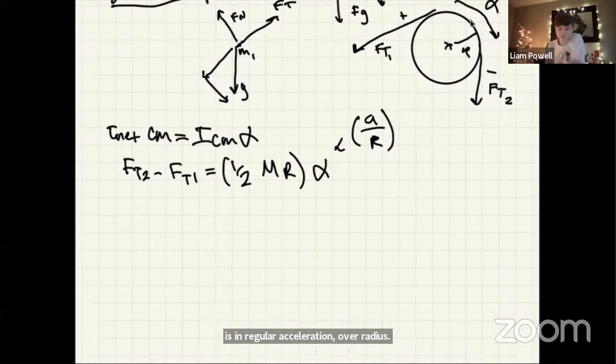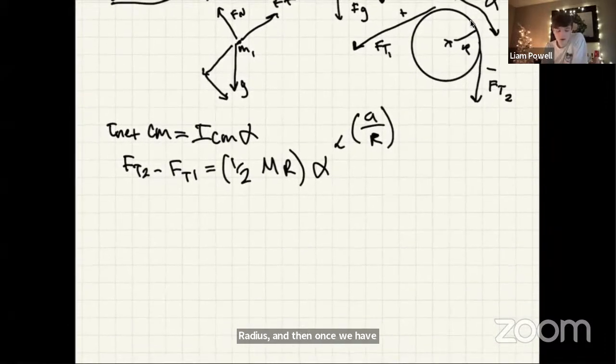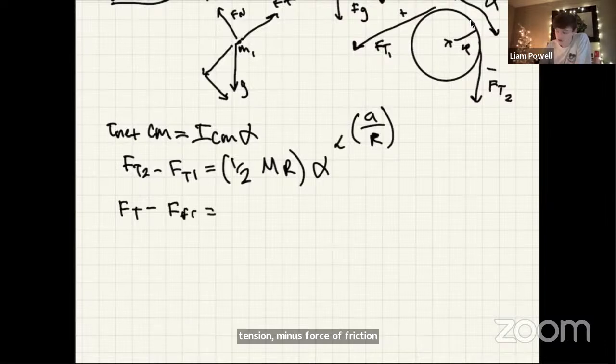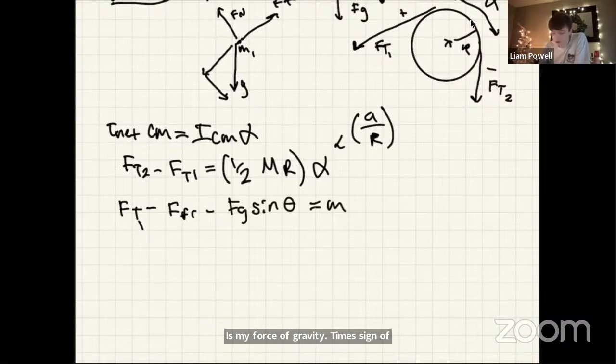Once we have that, we also have force of tension minus force of friction on the incline. So this is force of tension 1 minus force of friction minus force of gravity times sine of theta is equal to mass times acceleration.